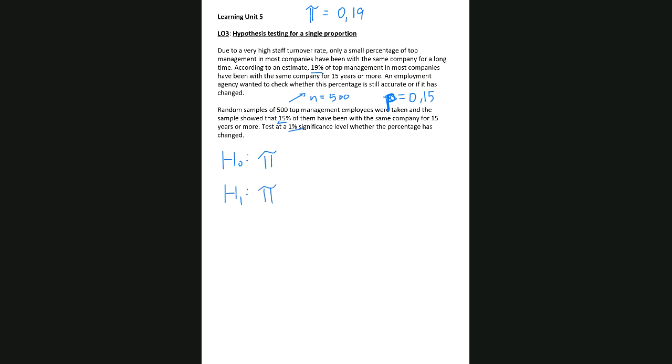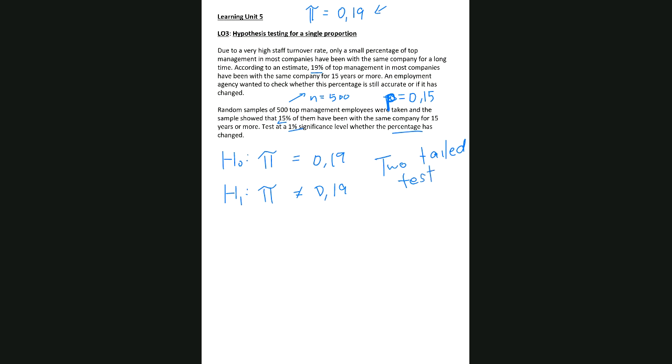Since they want to know whether the percentage has changed and the percentage was 19%, our null will say that it's equal to 19% or 0.19, or it has changed and it is no longer equal to 19%. Since the equality sign is in the null hypothesis, this is a two-tailed test.